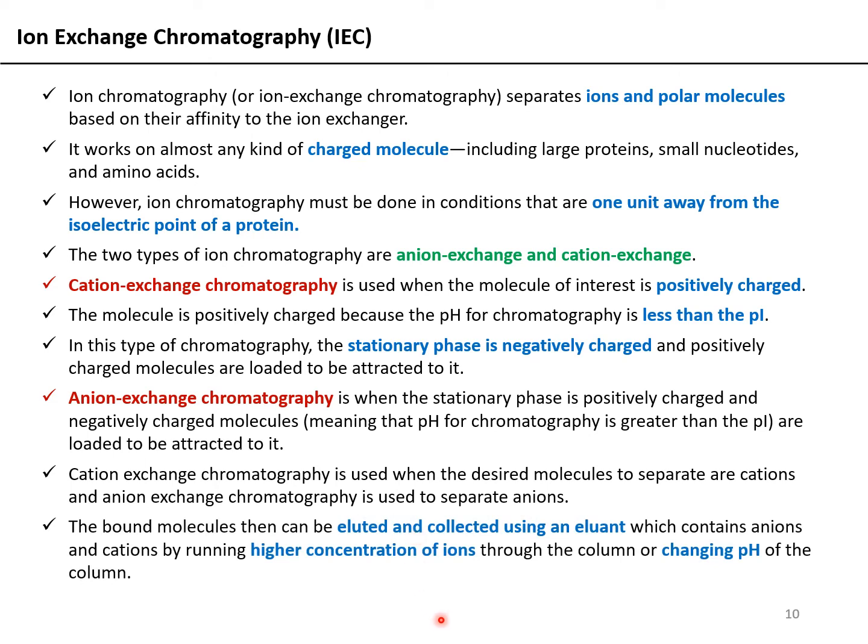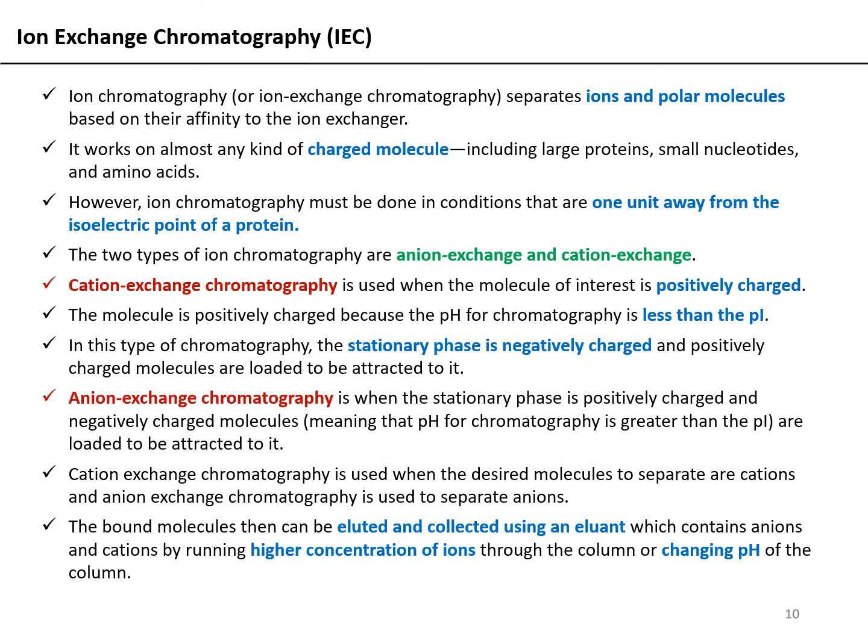The bound molecules can then be eluted and collected using an eluent which contains anions and cations by running a higher concentration of ions through the column or by changing the pH of the column. So simply, for instance, if you're performing cation exchange chromatography, you have positively charged molecules bound onto the column.